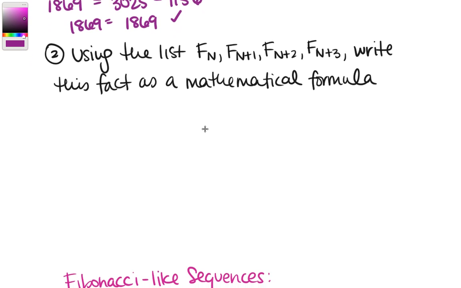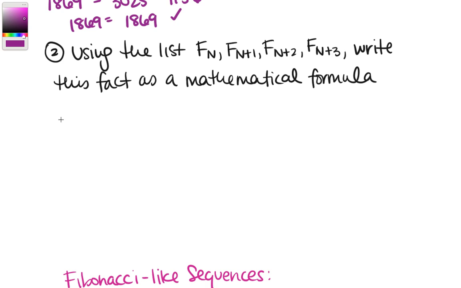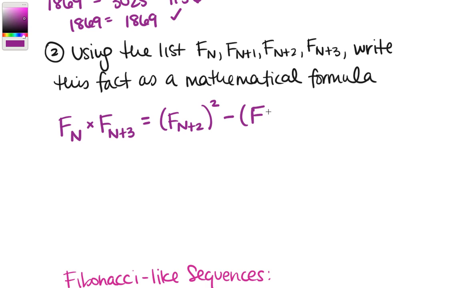Okay, so let's recall it was the first one, which is Fn, times the fourth one, Fn plus 3. And that is going to be equal to the third one squared. Well, Fn plus 2 is the third one in this sequential list, minus the second one squared, Fn plus 1 squared. So this is how we would write it out as a general mathematical formula.